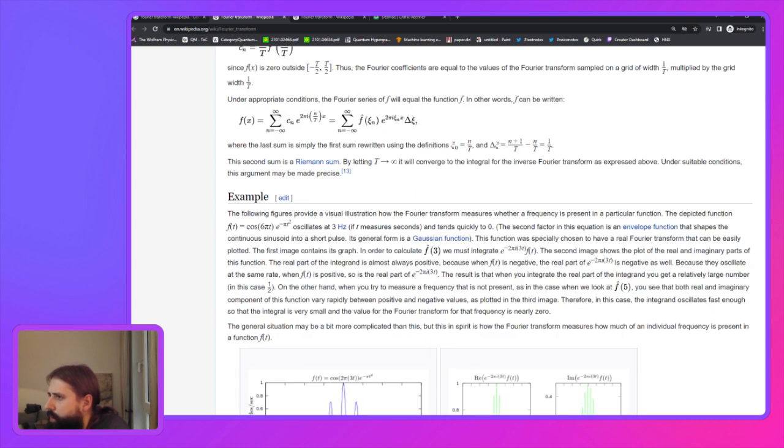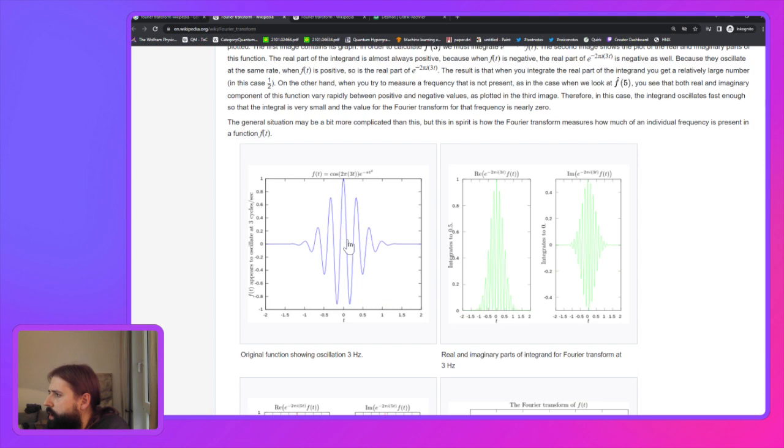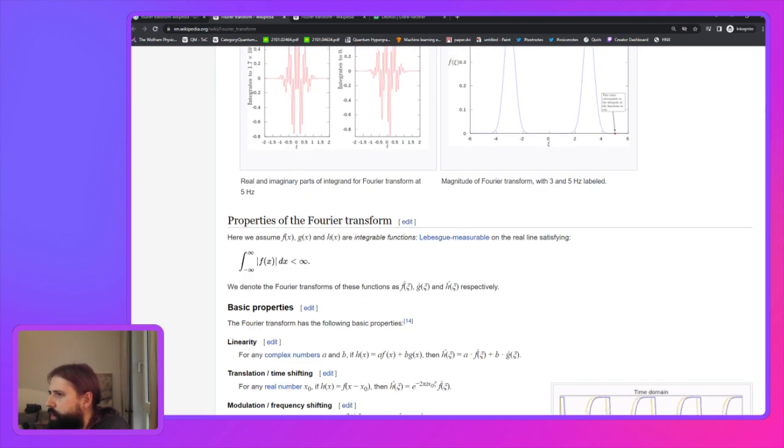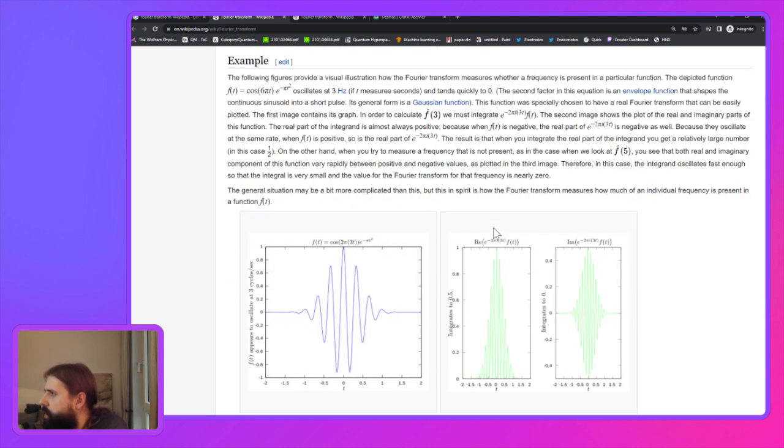An example. Okay, so there's an actual example here. That's actually uncommon for the Wikipedia stuff. The following figures provide a visual illustration of how the Fourier transform measures whether a frequency is present in a particular function. The depicted function oscillates at 3 Hz and tends quickly to 0.